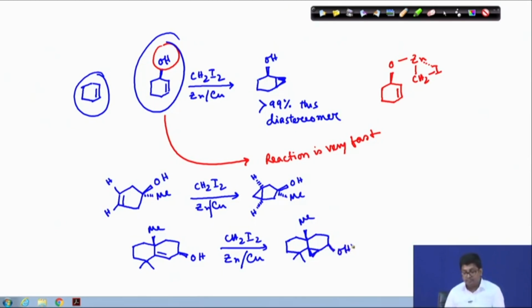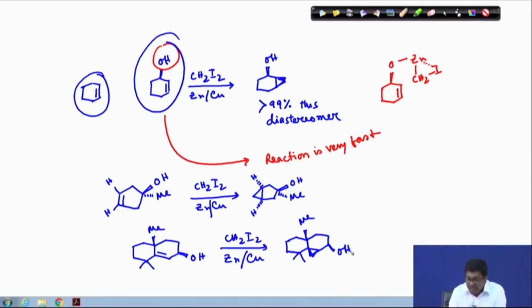that is this one. You see here, even though this bulky methyl group is there in the ring junction, still the cyclopropane ring is forming on that face. Like here it is an up bond, but the cyclopropane is also forming with that particular stereochemistry, because it is not sterically inhibiting this formation.